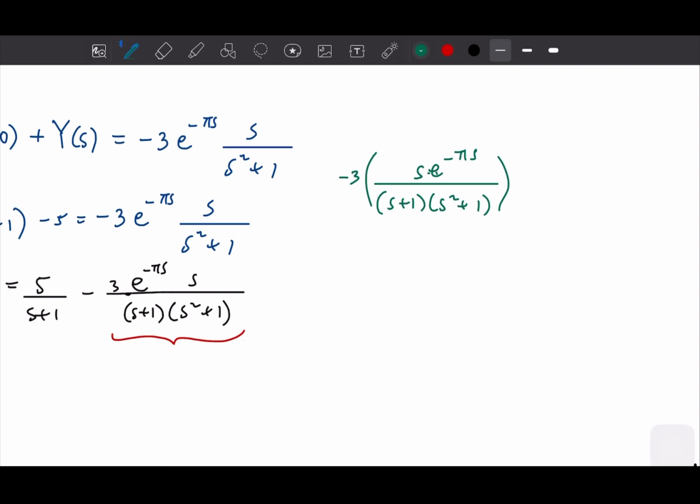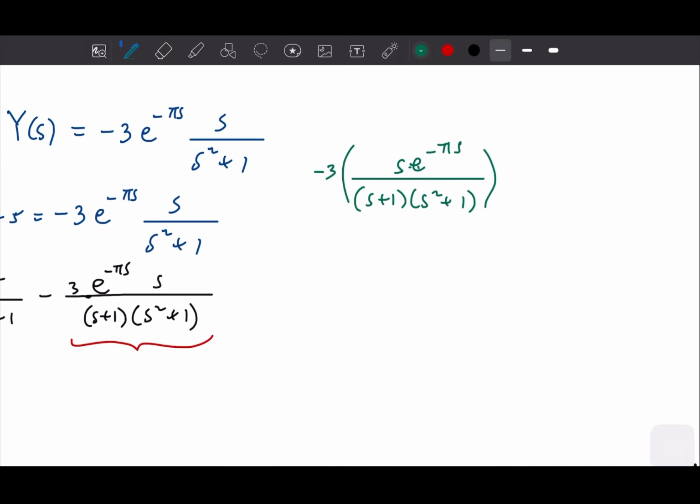I think we can try to do the partial fraction within this one, inside the bracket. So take partial fractions: s plus 1 and s squared plus 1.